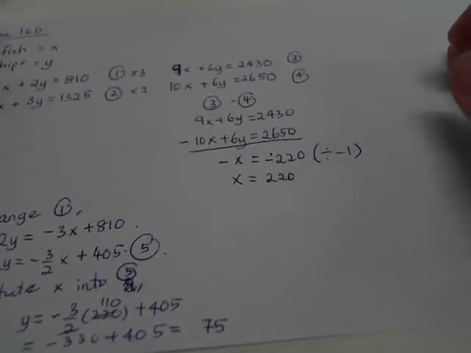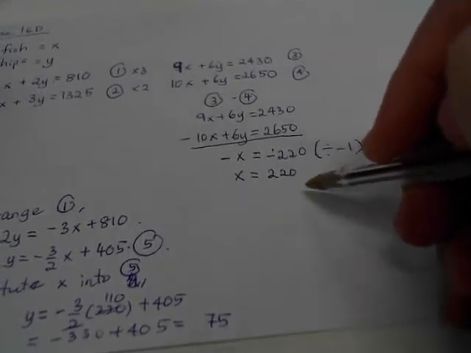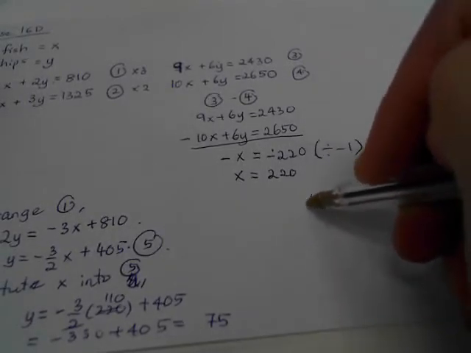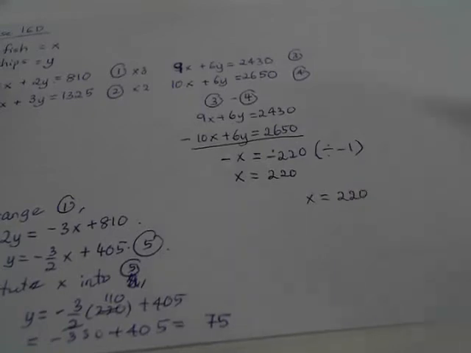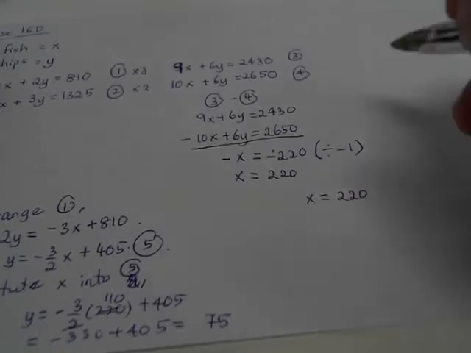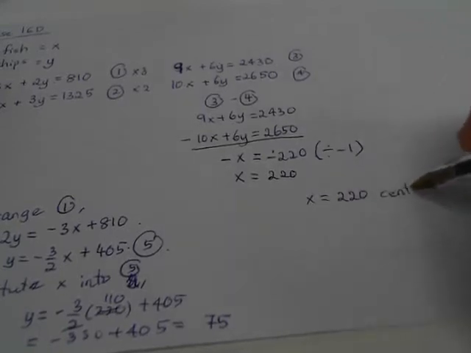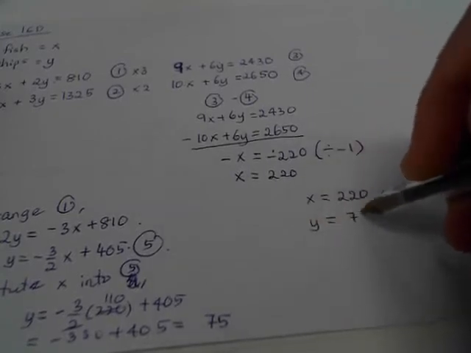But what is the question? Find the cost of each piece of fish. So in this case, we are not done, because we have calculated x equals 220, and this is in cents. 220 cents. y is 75 cents.